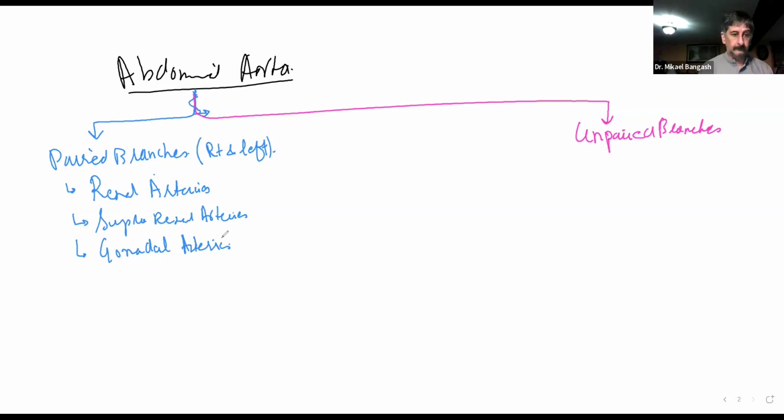Then there are going to be what we can call lumbar arteries and some sacral arteries.